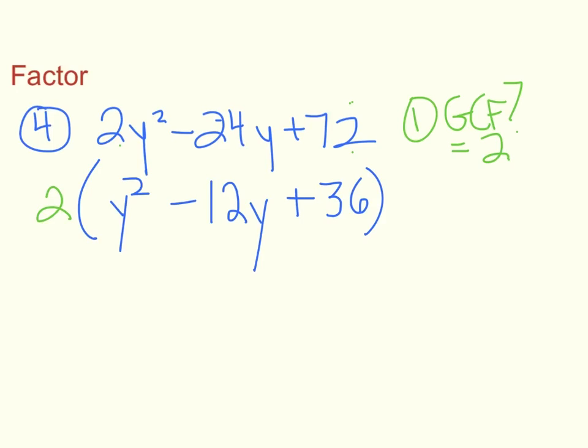And then from there, we're going to continue to go further because this trinomial that we have here, I'm going to go ahead and underline it. We're going to factor that just like we've done the previous 3 problems in this section. So it is a trinomial, so it's going to factor into 2 parentheses.